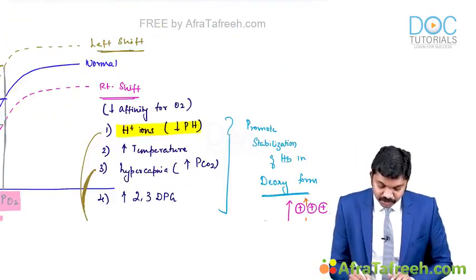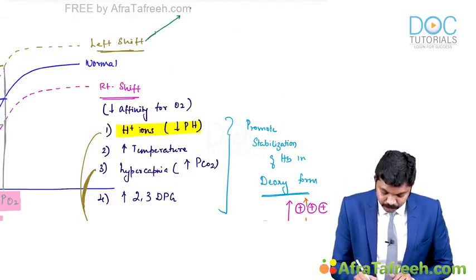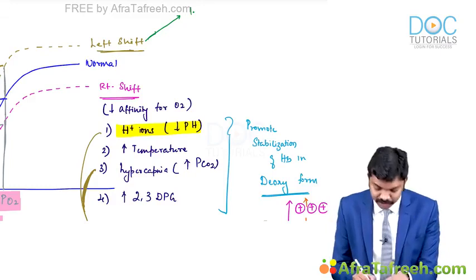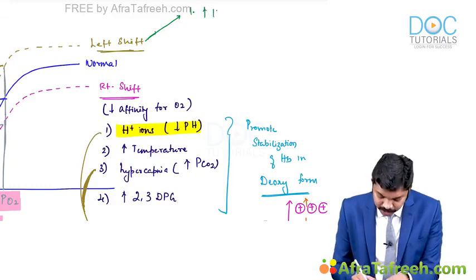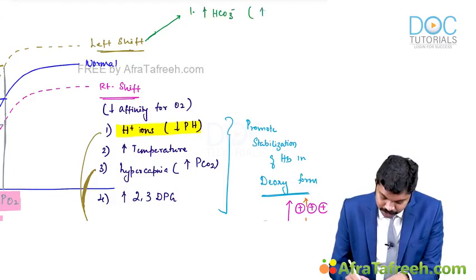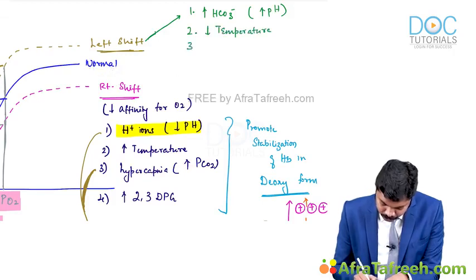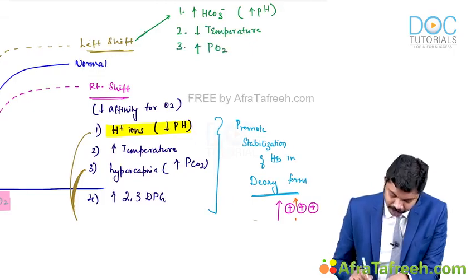Let's discuss the parameters that shift the curve to the left. Number 1, exactly opposite functions. Increased concentration of bicarbonate, that is going to increase the pH level, alkalosis. Number 2, decreased temperature. Number 3, increased partial pressure of oxygen rather than carbon dioxide.